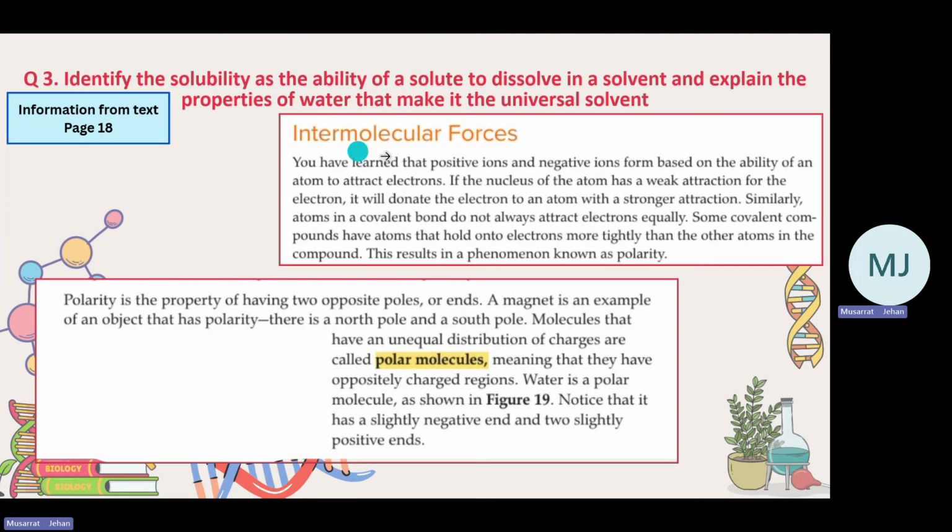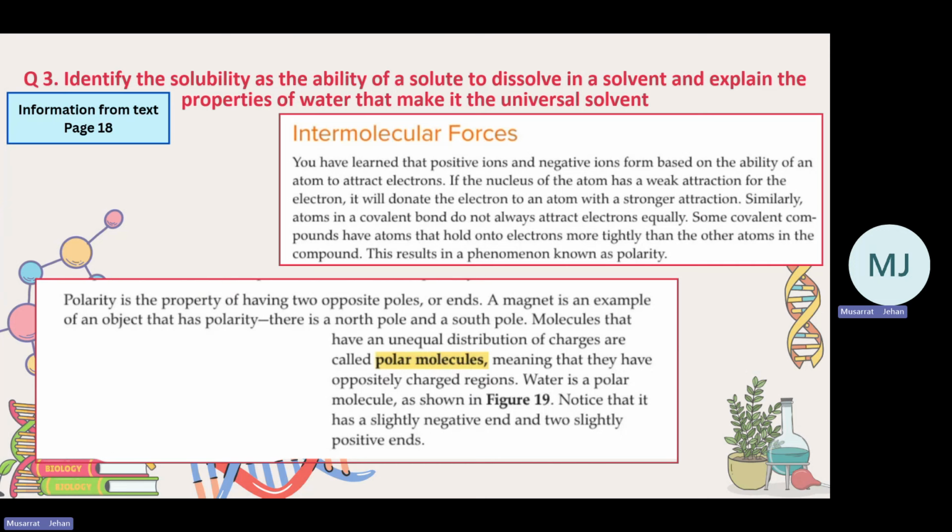First you should know what intermolecular forces are. You know that there are positive ions and negative ions, and they attract electrons based on their attraction ability, or electronegativity. The atom that has weak attraction will donate electrons to the stronger one.